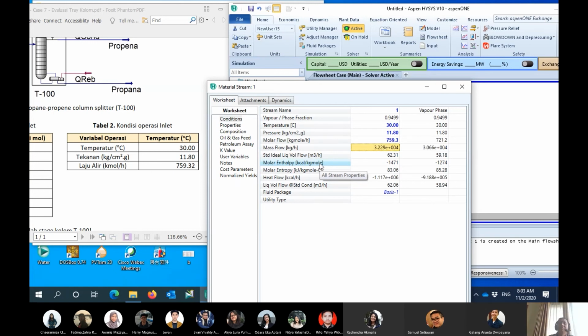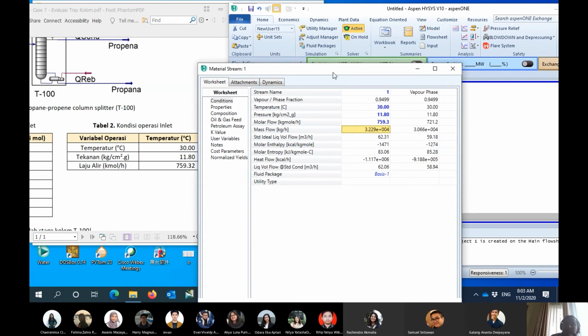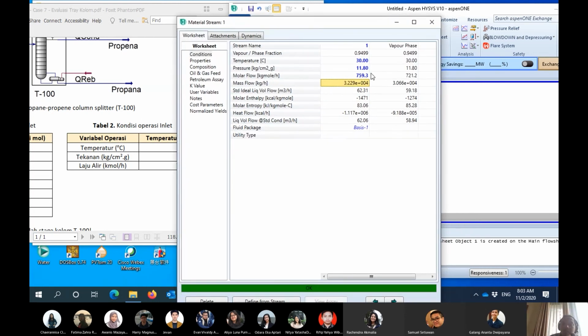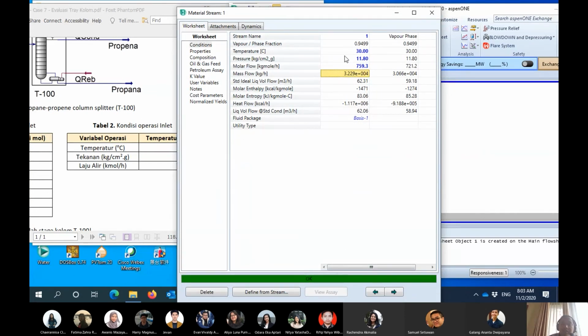After defining the components, intensive variables, and extensive variables, I will have a fully defined stream.